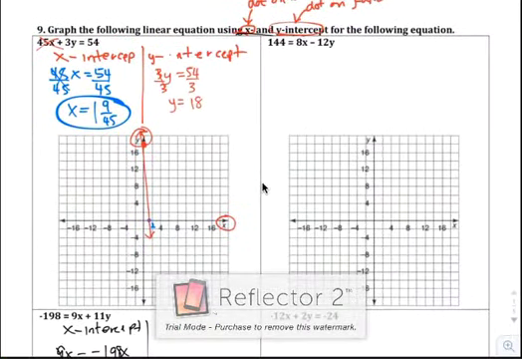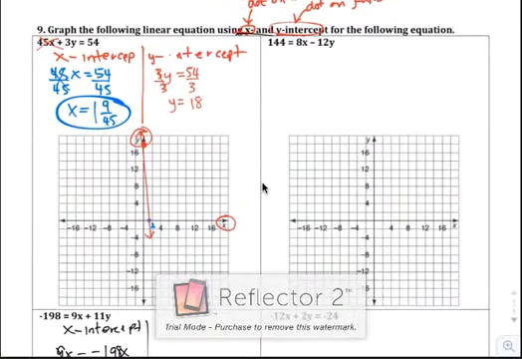Okay, and then the last page: graph the following linear equation using the x and y intercept. X-intercept, y-intercept. 8x equals 144.